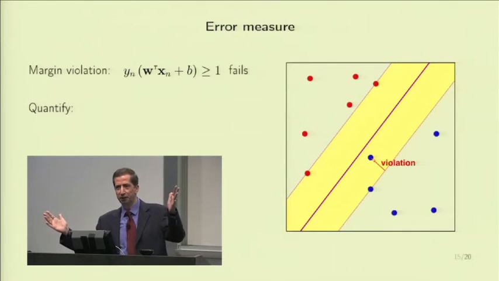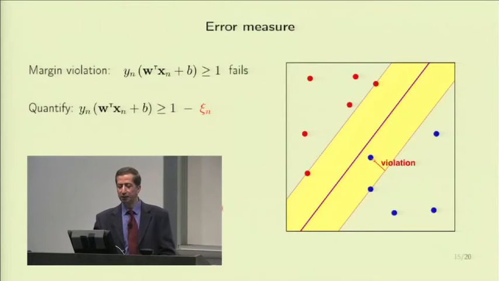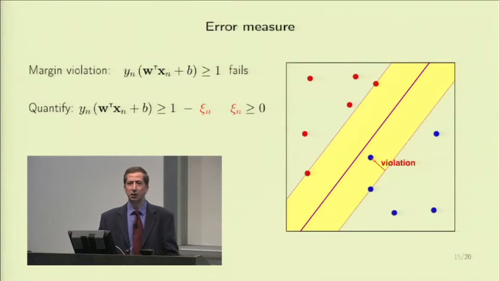Hopefully, most of them will satisfy the margin. Only a few of them will violate it. And I'm going to say that the quantity that used to be greater than or equal to 1 is actually greater than or equal to 1 minus a slack. So this is what I have. The movement from here to here resulted in the red xi. And the slack is greater than or equal to 0. So I'm only considering violations.